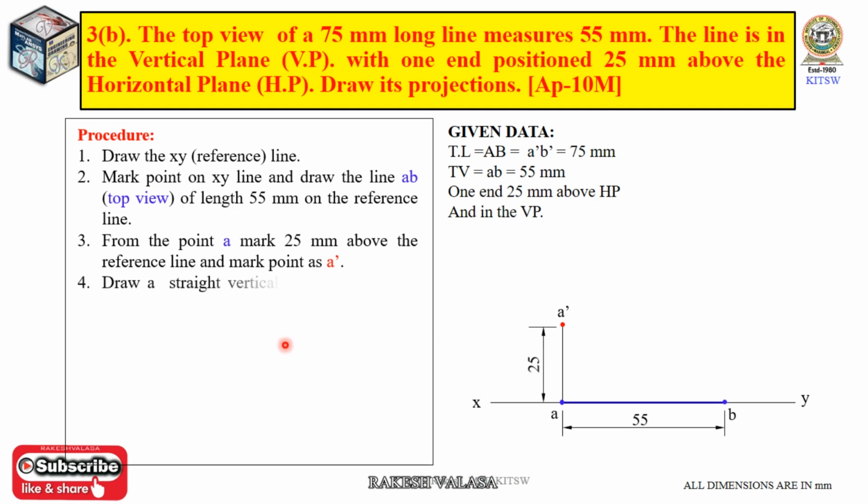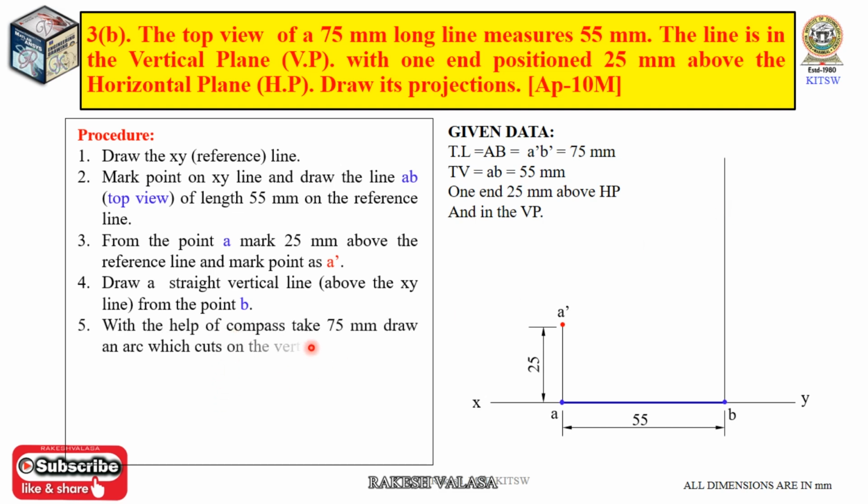Then draw a straight vertical line above the XY from the B point. Then, with the help of a compass, take the 75 mm true length and draw an arc which cuts the vertical line drawn from point B, and mark the point as B dash.